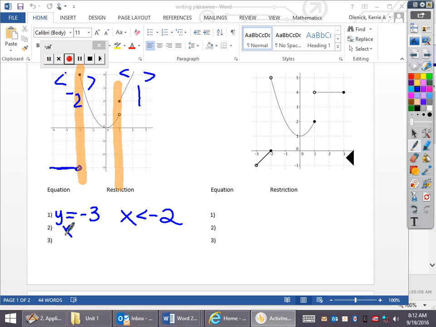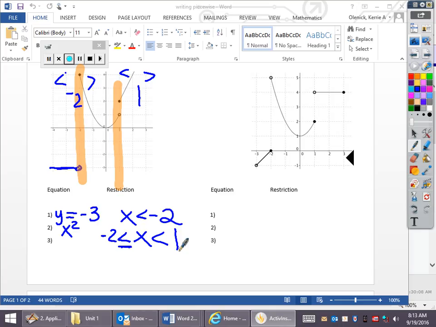X squared. Great, x squared. From where to where? -2. Is it equal to or not? Equal to. And it ends at 1. Equal to or not? Not.